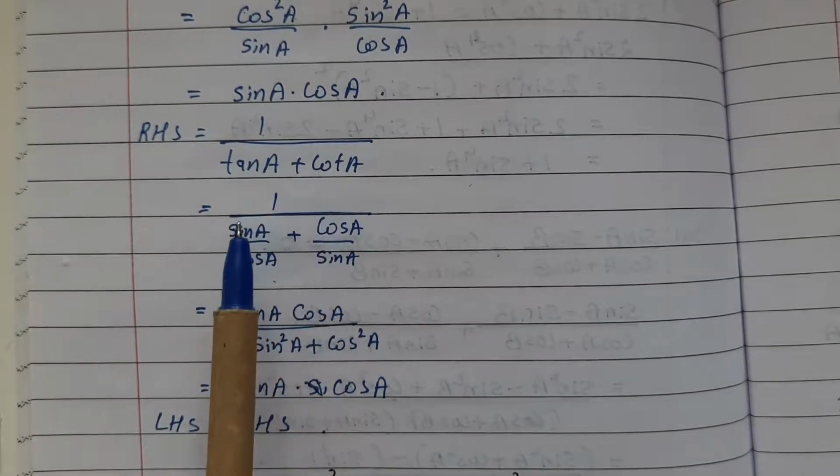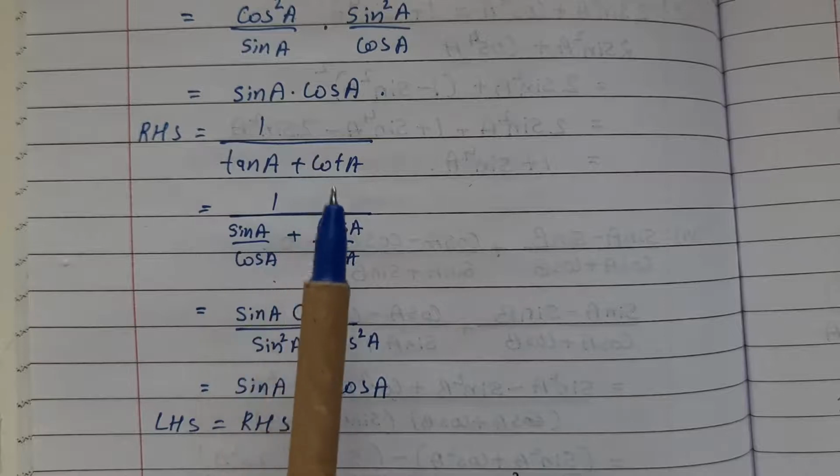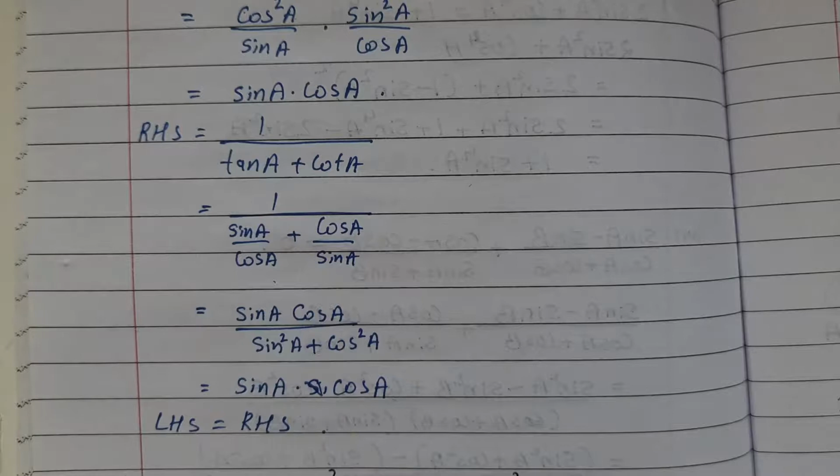Tan A is sin A upon cos A, cot A is cos A upon sin A. We get 1 upon (sin A upon cos A plus cos A upon sin A).